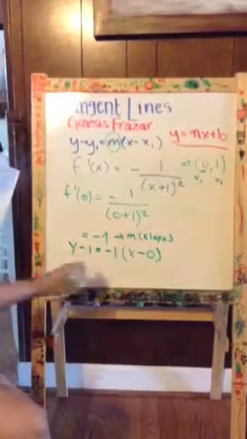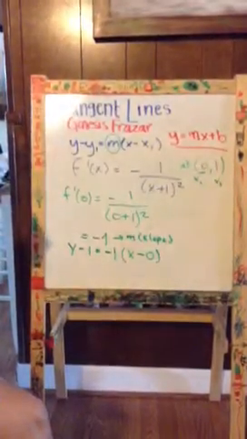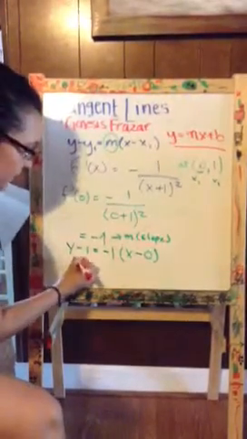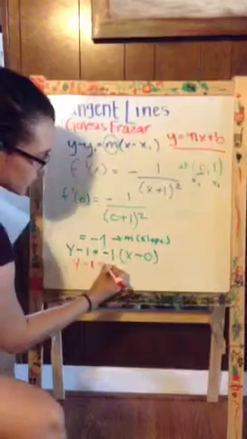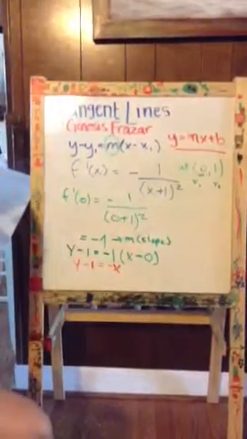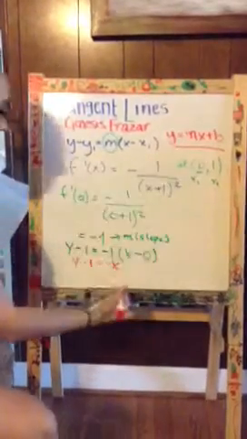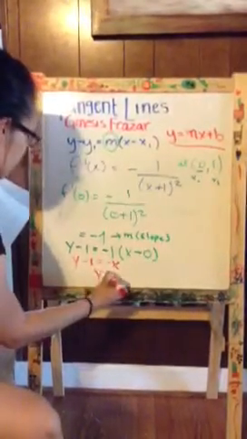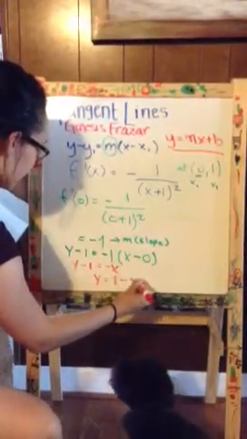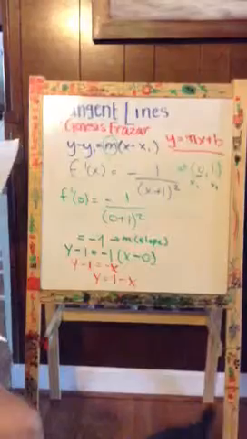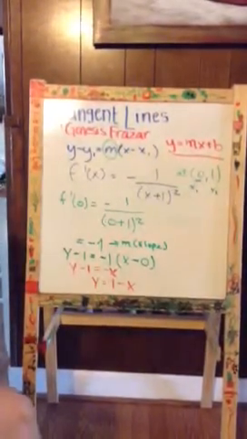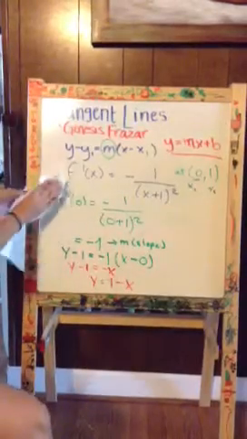And then from here, you will also distribute. We have y minus 1 equals negative x. And then from here, we will solve for y to give you the tangent line, which is y equals 1 minus x. And that is your answer for the second problem. Moving on to the third problem.